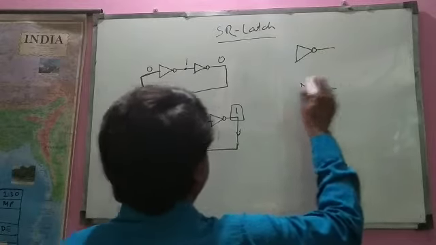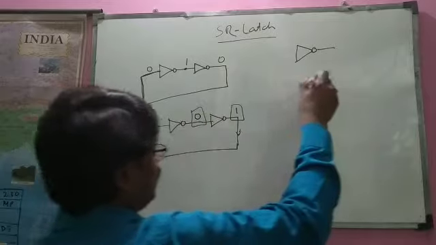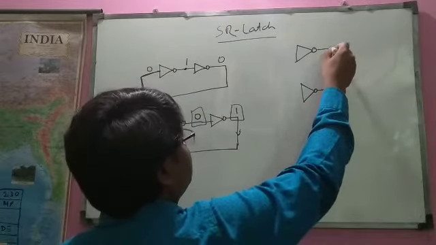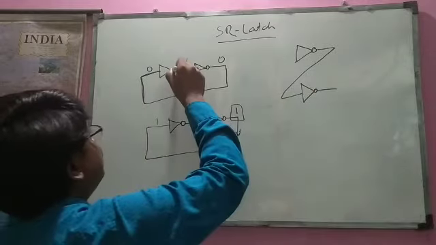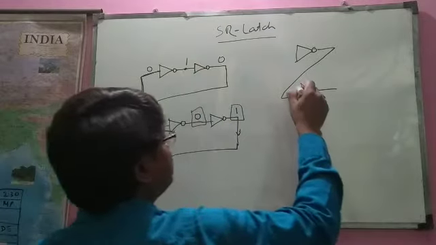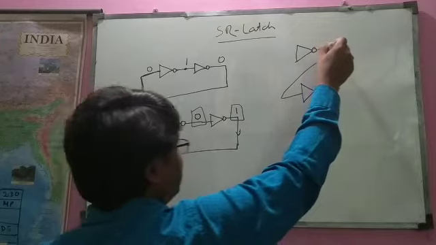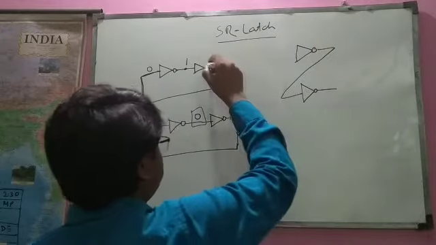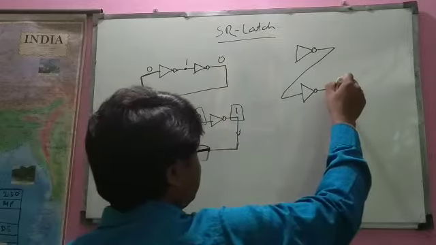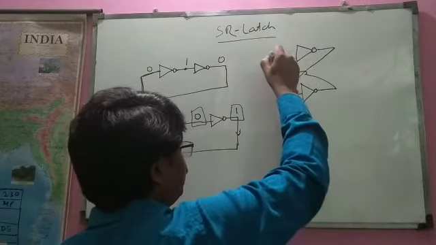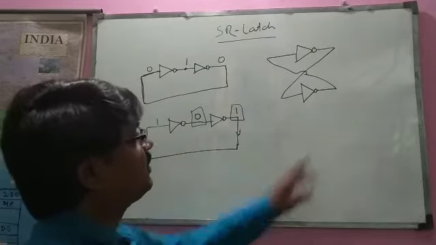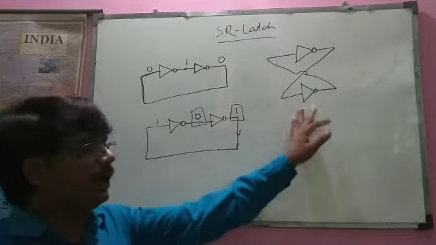Slightly, so how is it connected? The output of the first gate is connected to the input of the second gate, and the output of the second gate is again connected to the input of the first gate, isn't it? Are you getting my point?